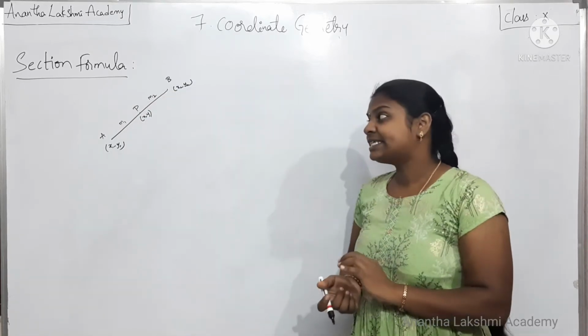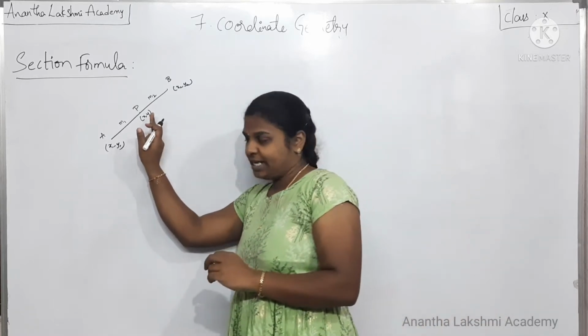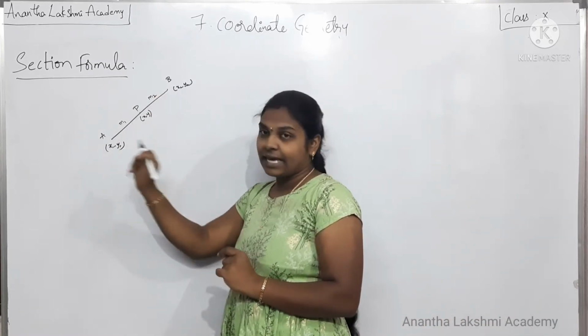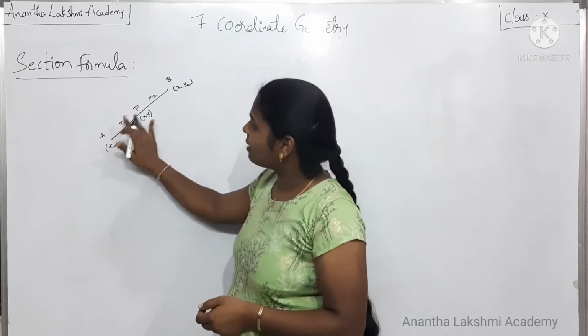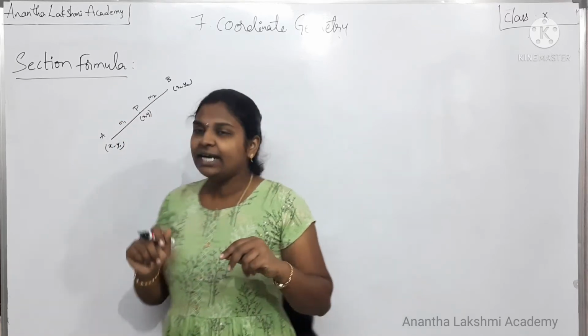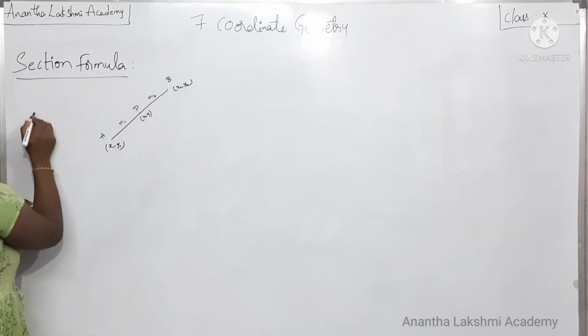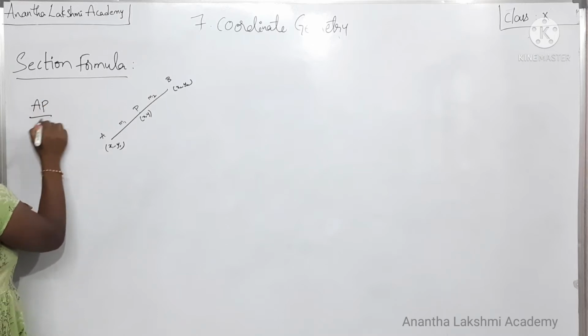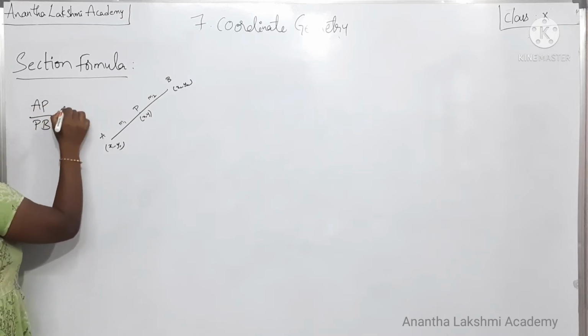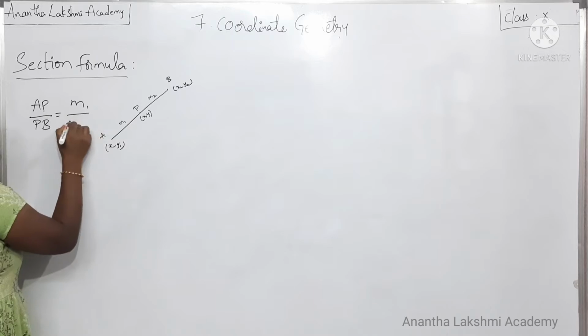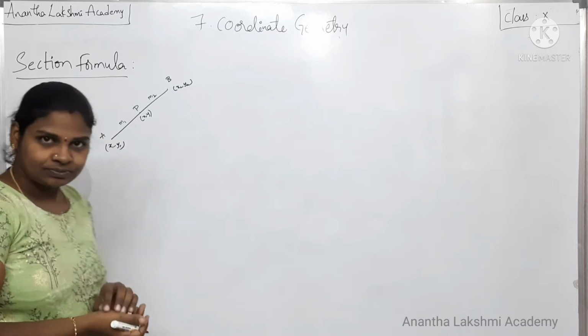This point P divides the line joining AB in the ratio M1 and M2 such that AP by PB is equal to M1 by M2.